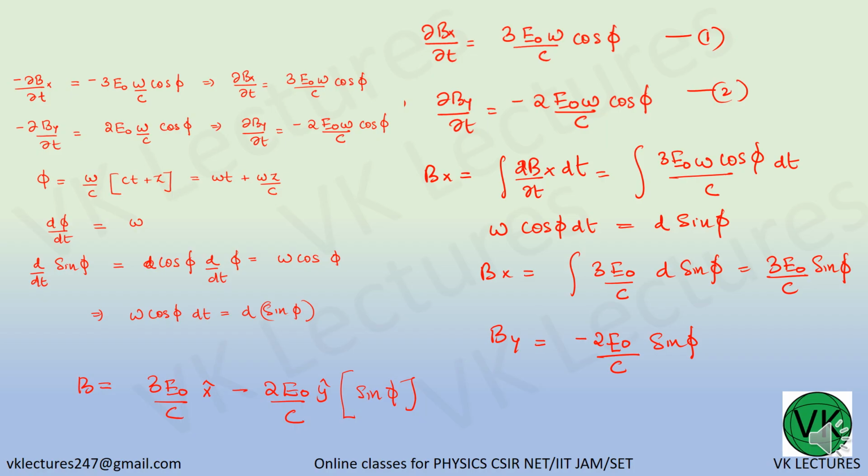So this can be again simplified: E naught by c into sine of omega by c into (ct plus z) into (3x cap minus 2y cap). This becomes the magnetic field.